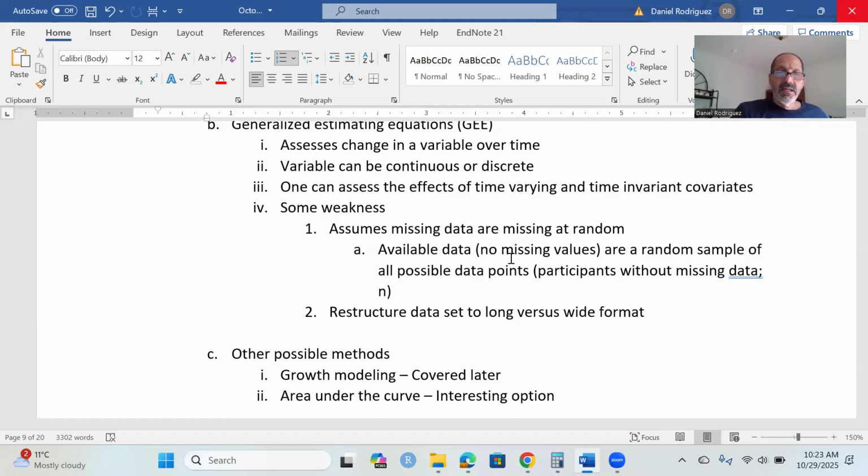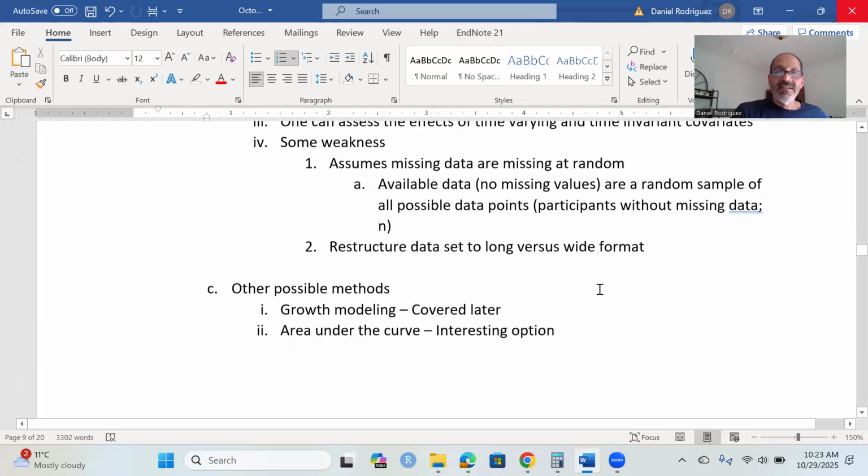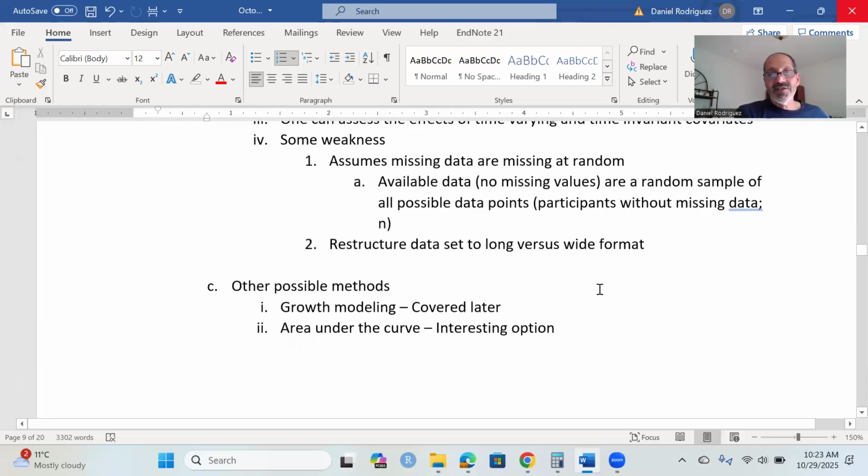You basically have to restructure the data set to long versus wide format. And if you're not sure what that means, you could learn about it if you want to read more. I talk about it in my textbook. But you have to play around with your data to make it fit the use of whatever program you're using. There are other options. Something like growth curve modeling is really good. If you're not familiar with that, you should look it up.